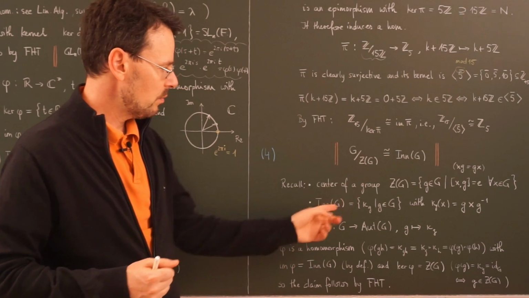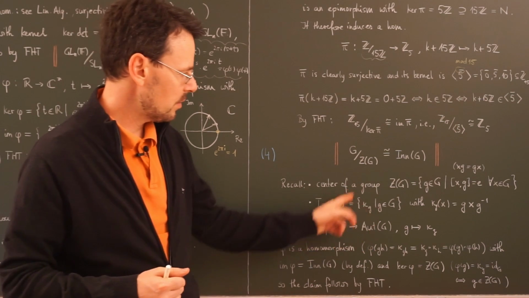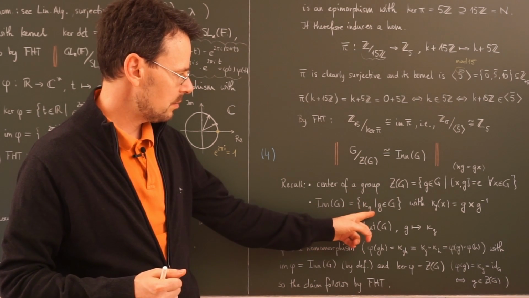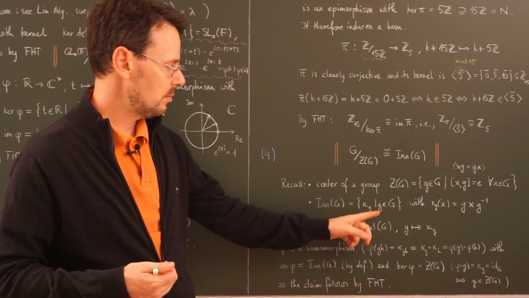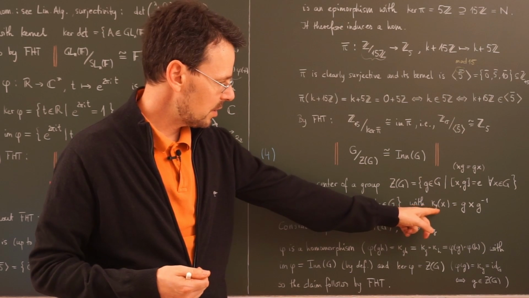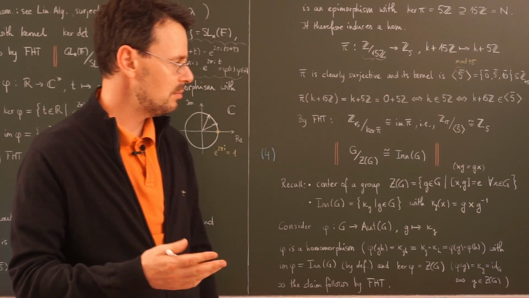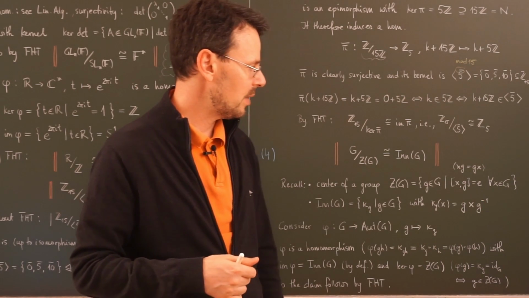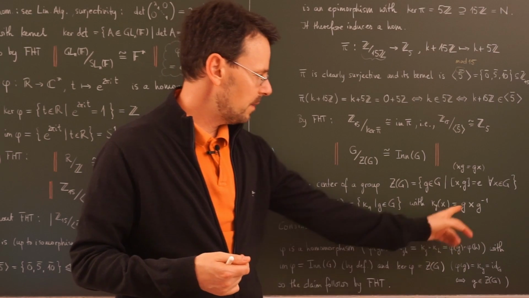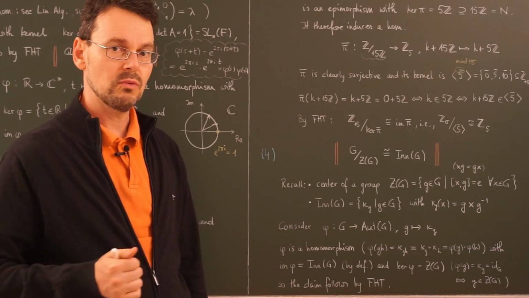And then we remember what the inner automorphisms are. Those are these maps here, kappa sub g, which are called conjugation by g, meaning kappa sub g of x is x conjugated with g, meaning multiplied from the left by g and from the right by g inverse. This will turn out to be an extremely important map when we talk about group actions.